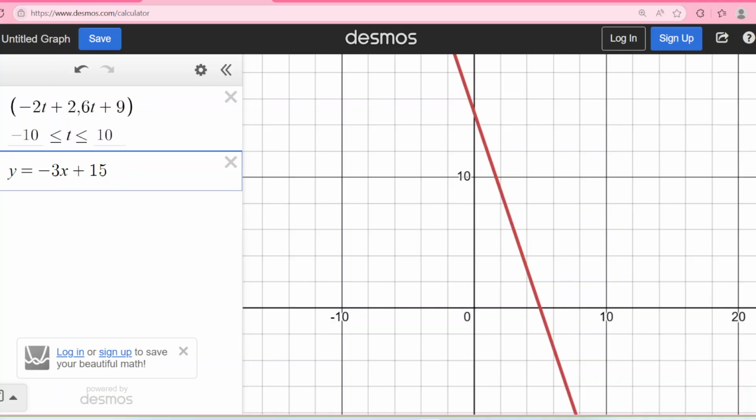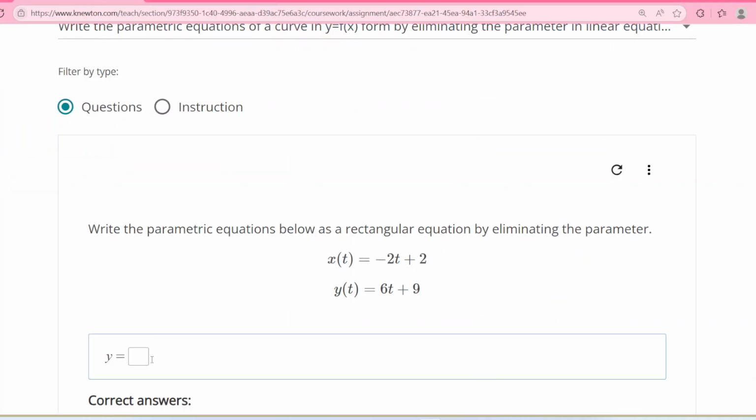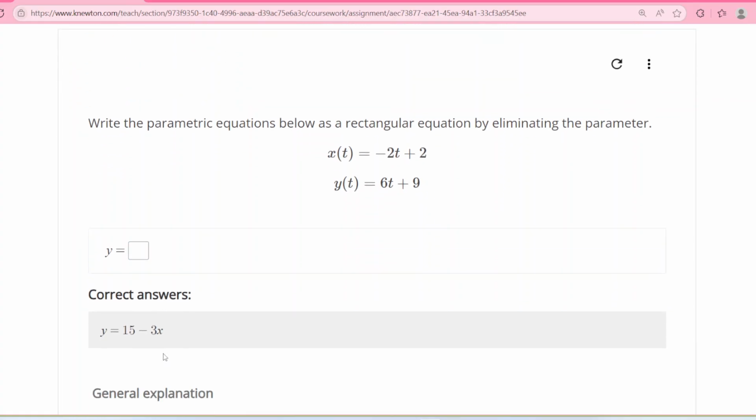Hopefully you can see they are right on top of each other. So this is correct then. y equals negative 3x plus 15 is what they want. That's what I'd fill in the blank here if I was doing this online, doing this for homework. Now they put it the other way, 15 minus 3x, negative 3x plus 15. Same thing, but great. We did it.